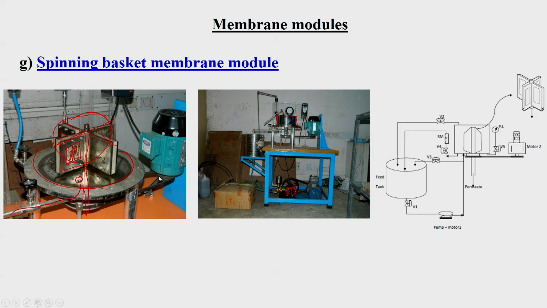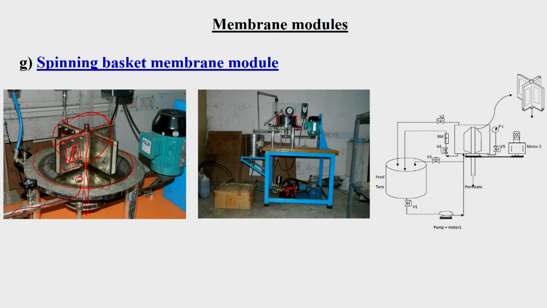In case of slurry materials, after some time the slurry becomes very concentrated and tries to deposit over this tank, but in this case the membrane is not placed at the bottom. So, this membrane will not be choked, but the membranes are all placed vertically on the agitator blade.